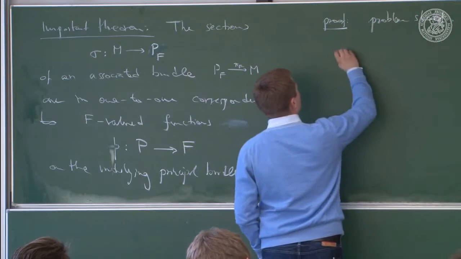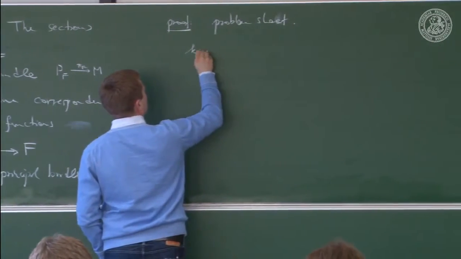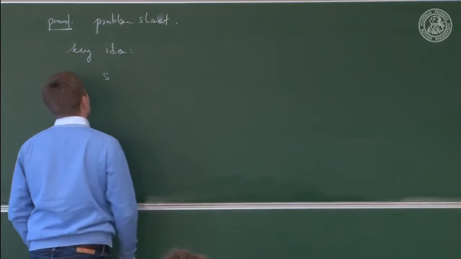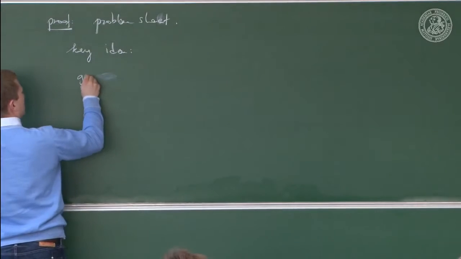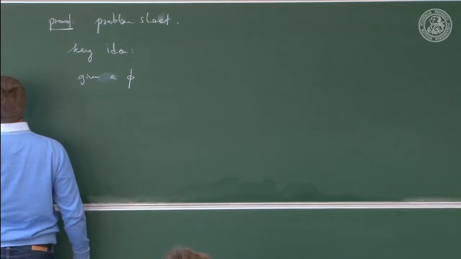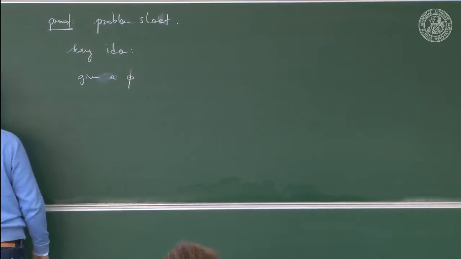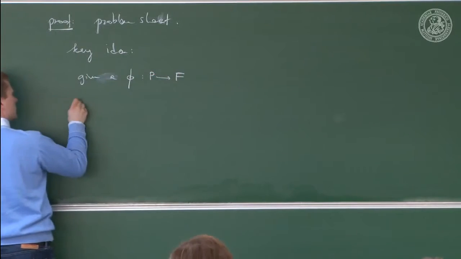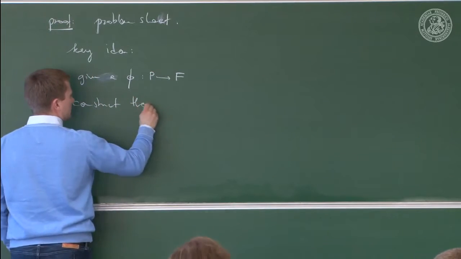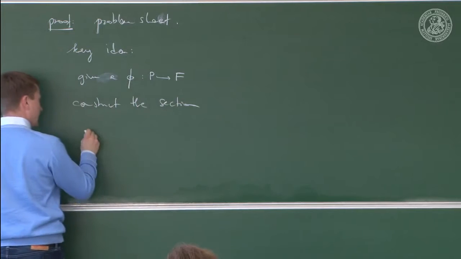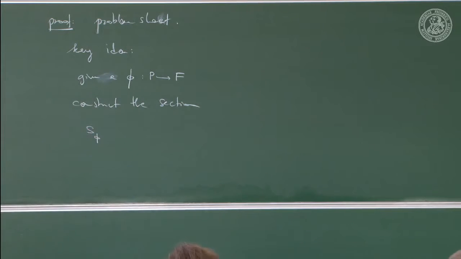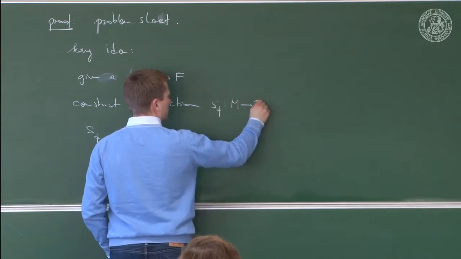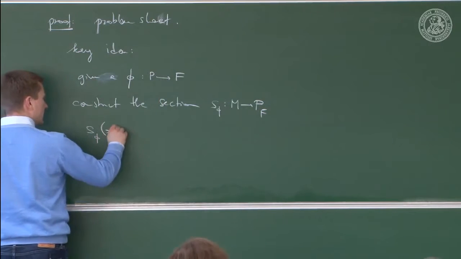The key idea is that given a phi, so if you want to show this, and it's an if and only if, it's one to one, you construct, given the phi from P to F, the section S sub phi, because it's induced from this phi, a section from M to PF, at a point x in M.